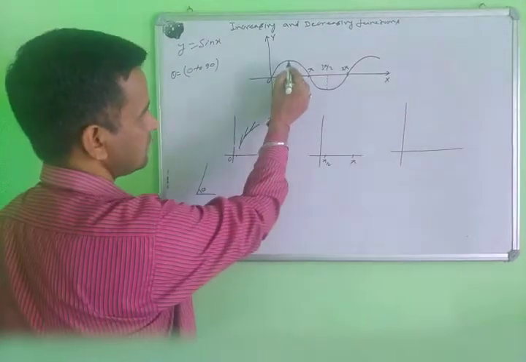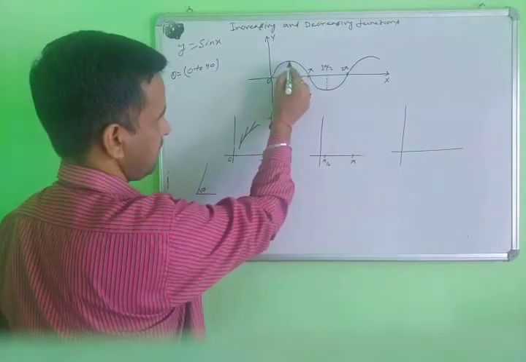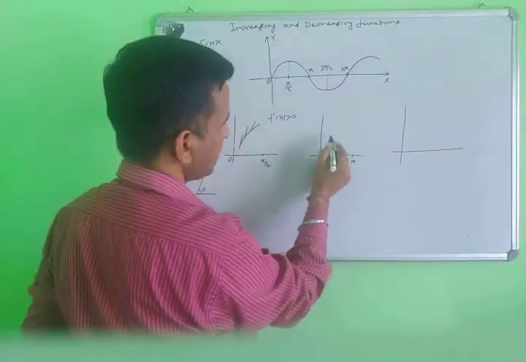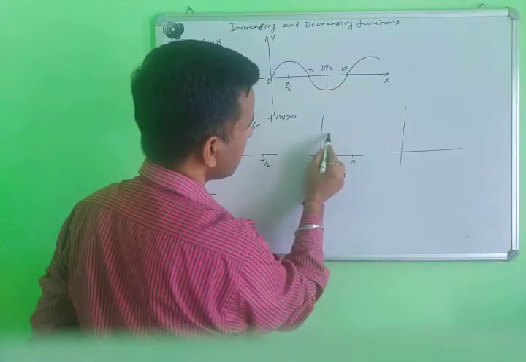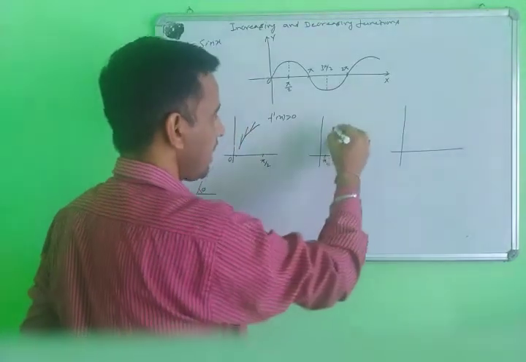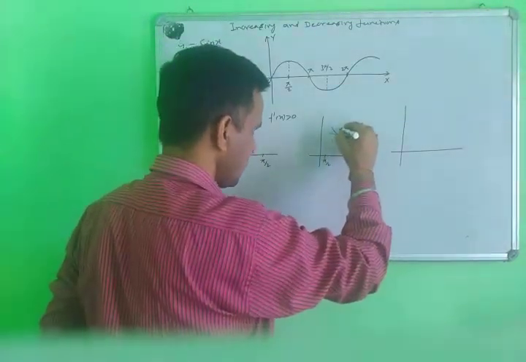Now come to pi by 2 to pi. The function is in this shape, and I am drawing the tangent this way.